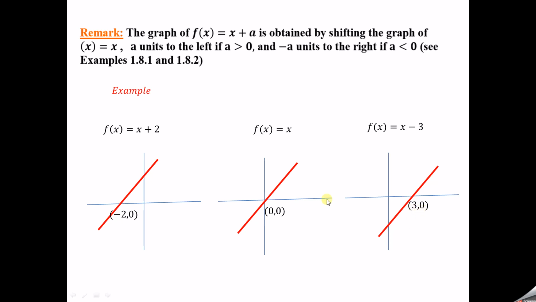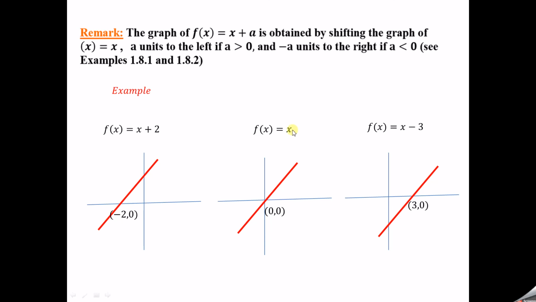So together, how can you summarize? Whenever we have f(x) = x, by shifting to the right or shifting to the left, we can find the equation f(x) = x + a, where a is any constant. If there is a plus a, where a is positive, like f(x) = x + 2, we have to shift this line to the left 2 units.